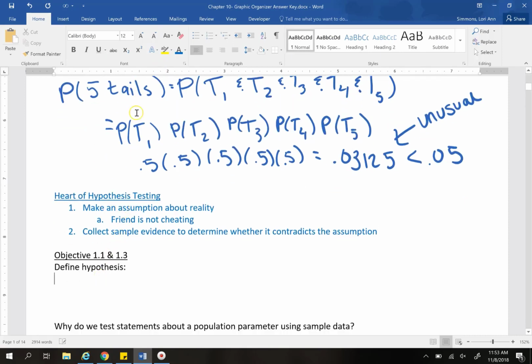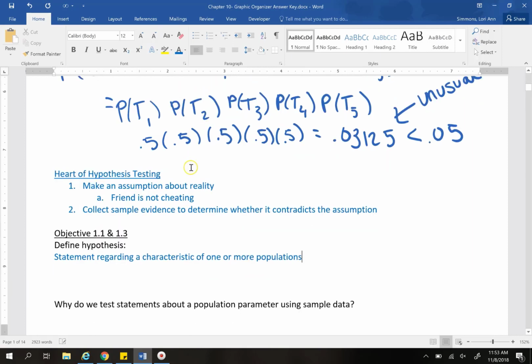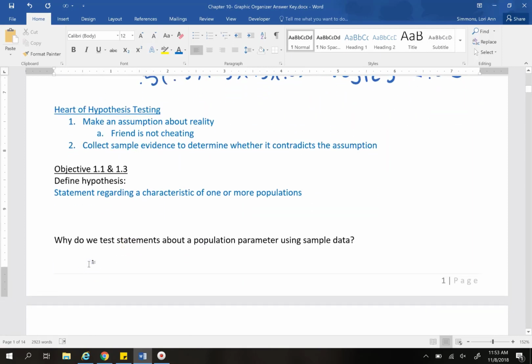So let's define hypothesis. This is a statement regarding a characteristic of one or more populations. And then why do we test statements about a population parameter using sample data? We do this because it is usually impossible to gain access to the entire population.